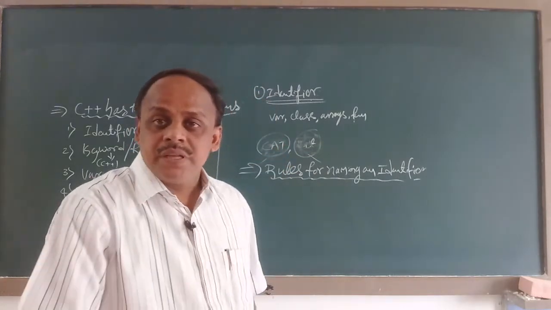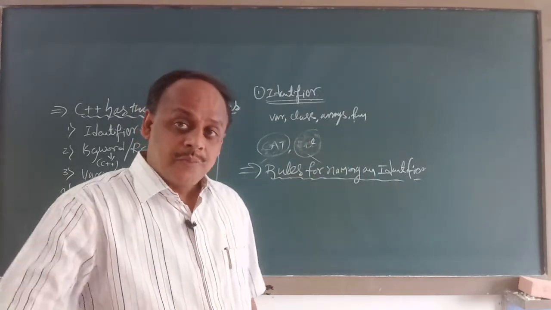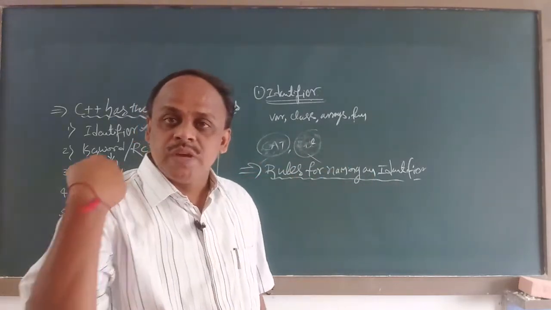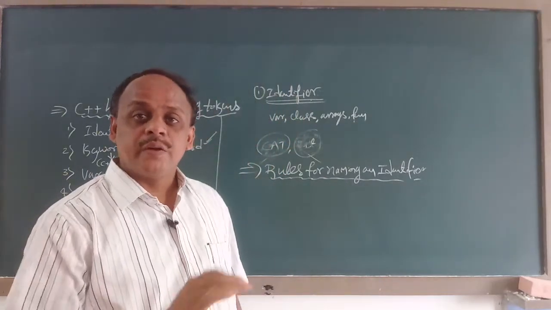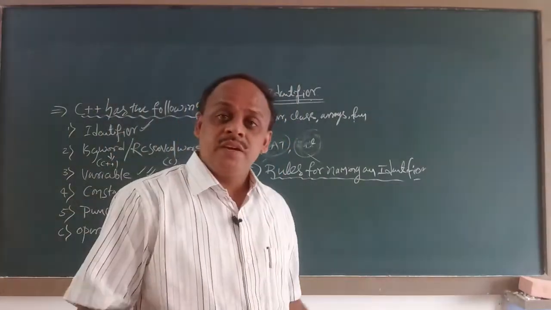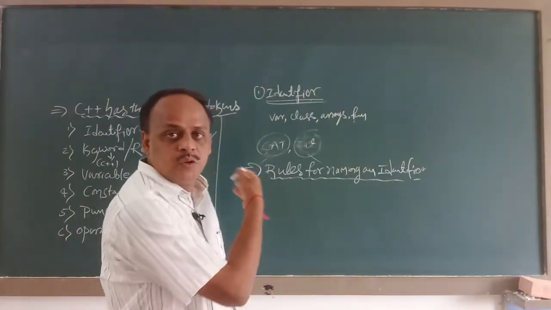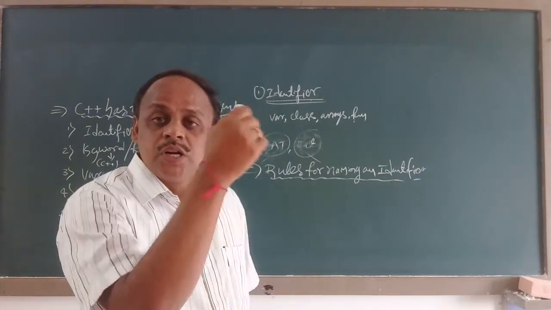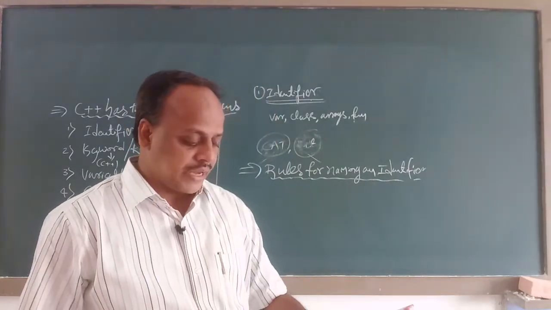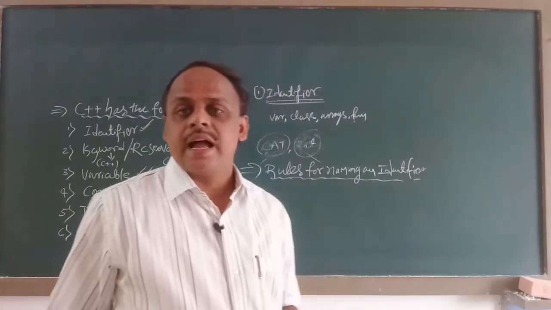Identifier itself is the name given to the programming element, right? So in our program, suppose we are going to declare variables, an array name or a class name, then we have to follow these rules. These are the rules to define an identifier. The following are the rules for naming an identifier.